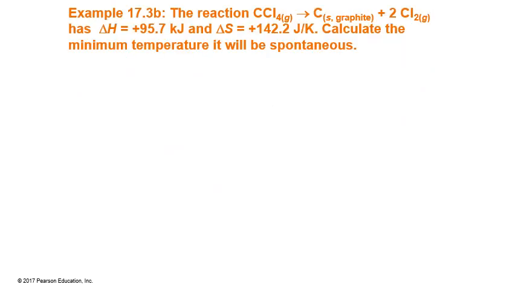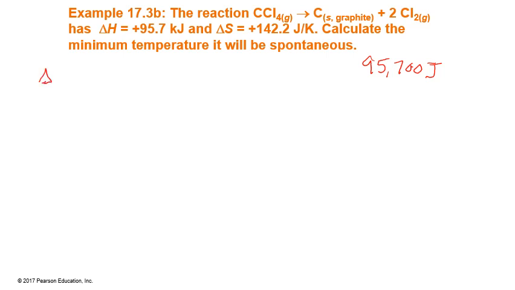Let's look at that first example that we looked at, where we want to figure out what the temperature is where it becomes spontaneous. So we've already converted our units. We know that it's 95,700 joules because this is the exact same problem as the example we just previously looked at.